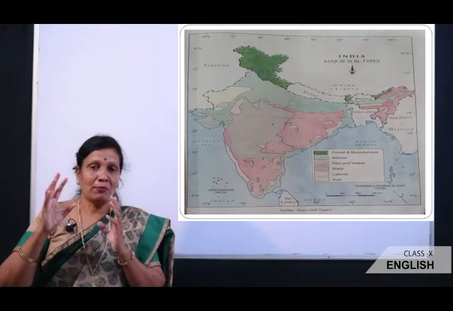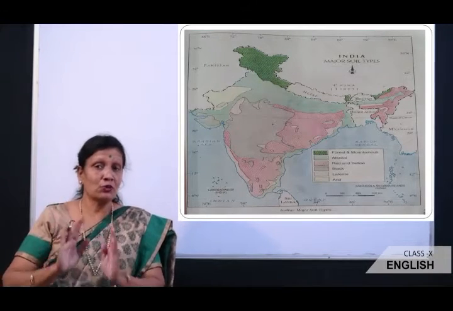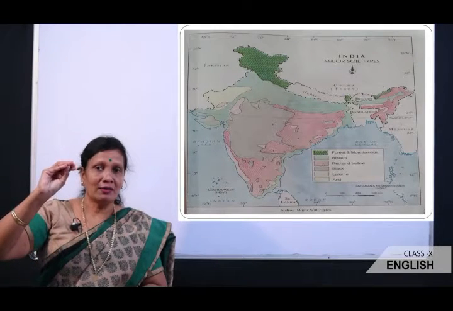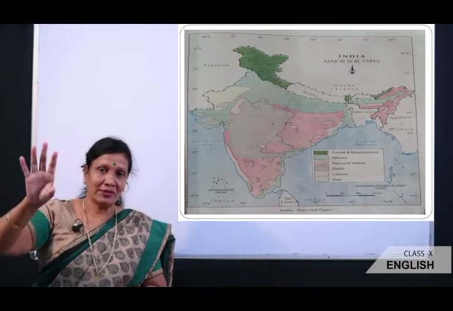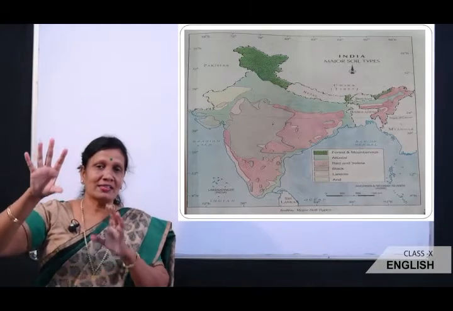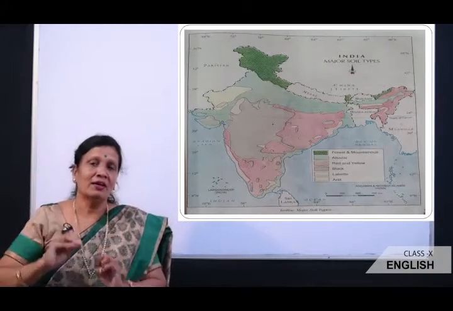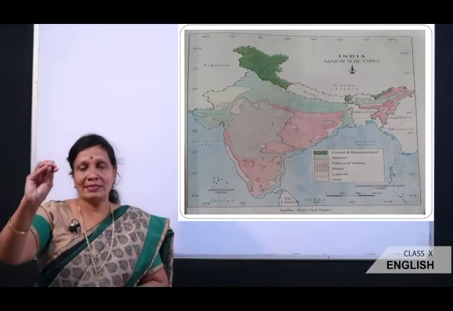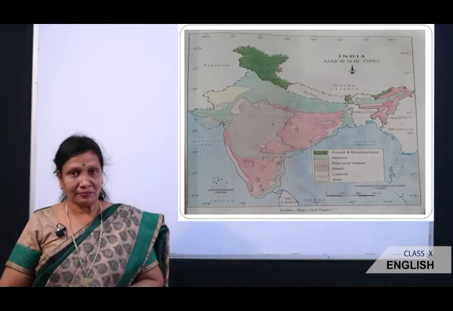The map type of question will of course relate to different states. So you need to know the different directions and the states that are located in different directions: east, west, north and south. For example, here the soil type.